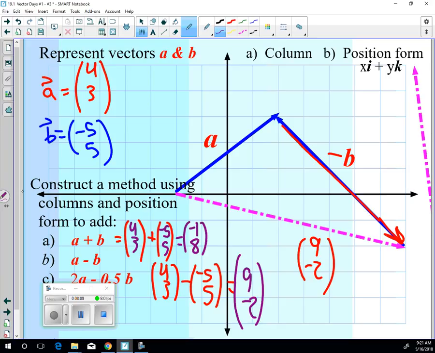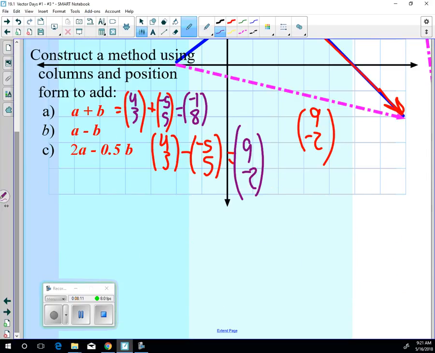Now, can you even do multiples like 2A minus half B? Well, I'm not going to draw it. I'm just going to go right for the jugular here. 4, 3 times 2. And then I'm going to go 1 half times negative 5, 5. Got a little fraction action here.